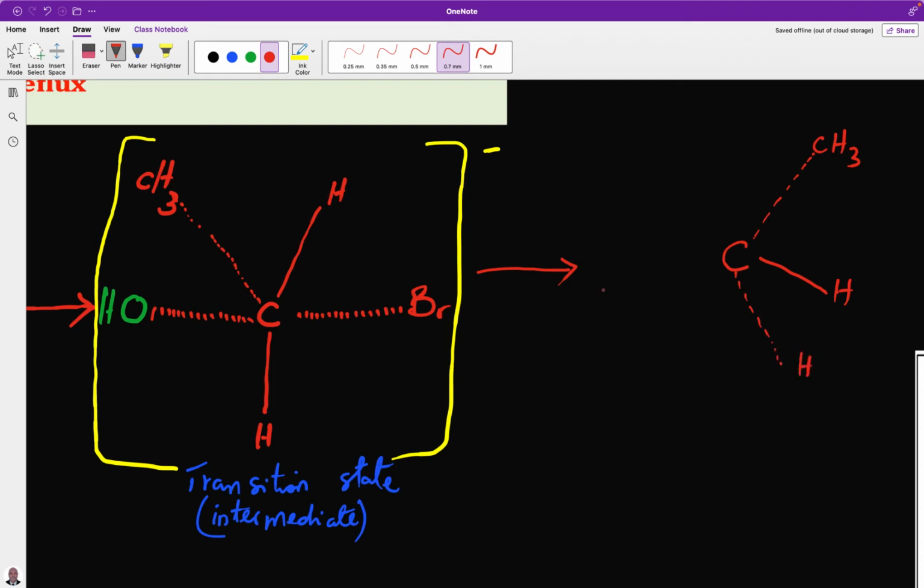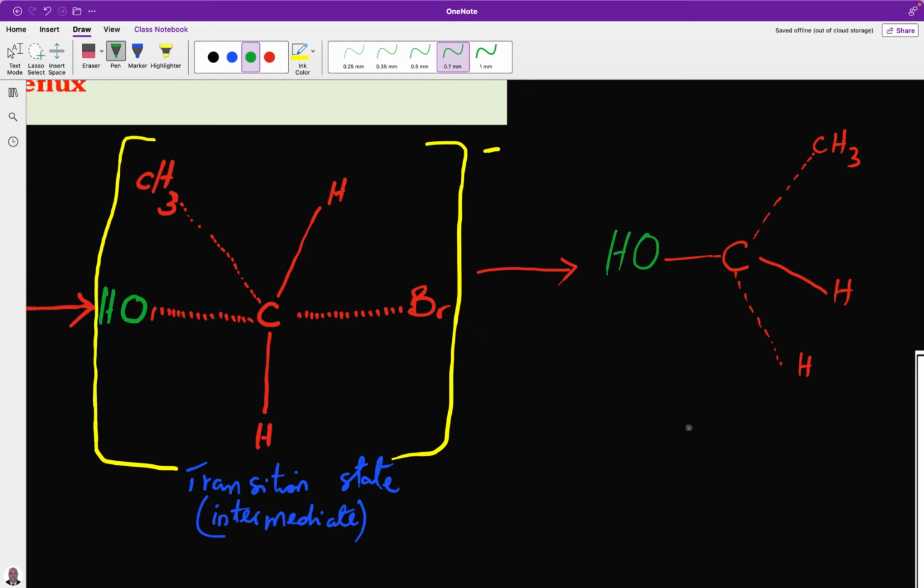The hydrogen. And an O. And an O that is from there.